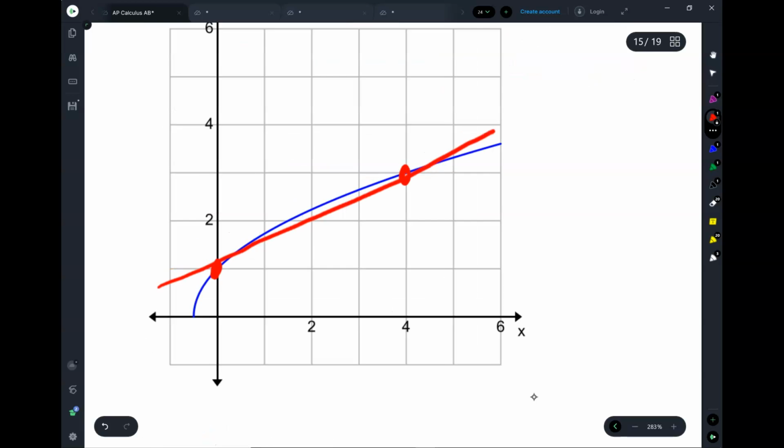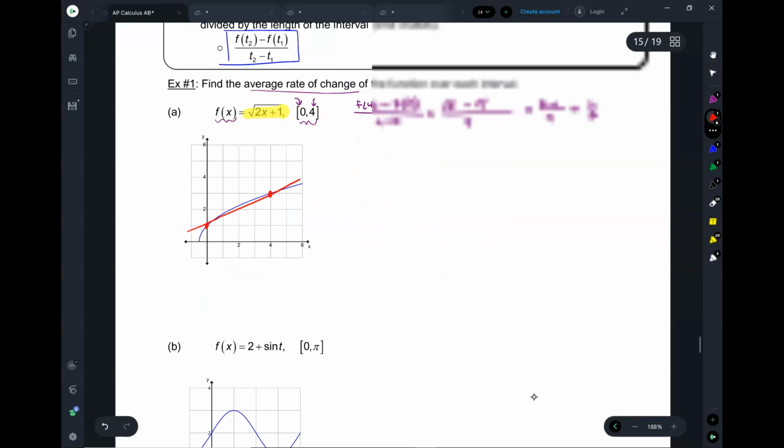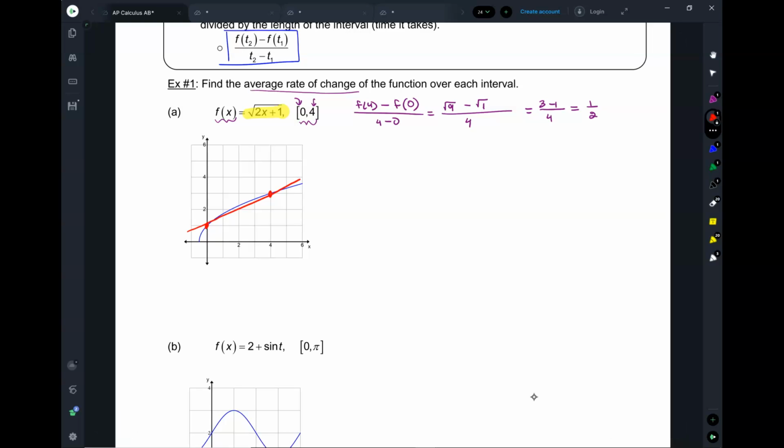Notice when I zoom in, that line crosses the graph in 2 places. And in geometry, you learned that when a line crosses a circle in 2 places, it's called a secant line. Remember? That's what this is called as well. It's a secant. So that's how you do it. Why those points? Because those are the points that you were given, 0 and 4.